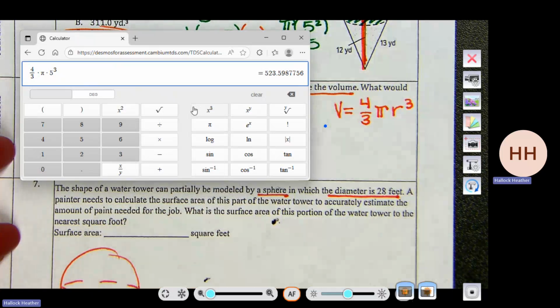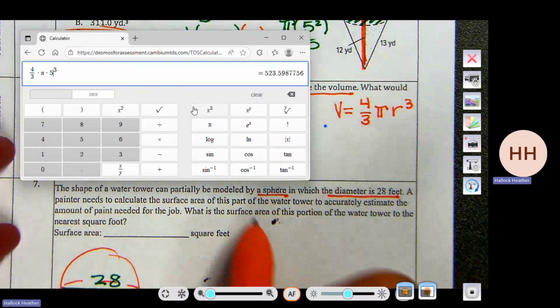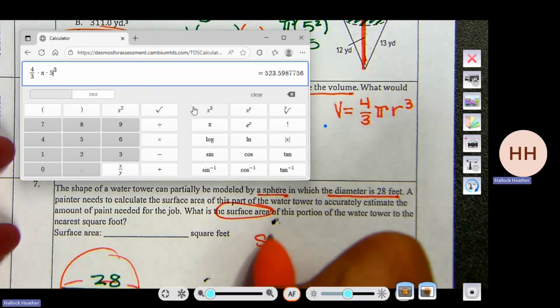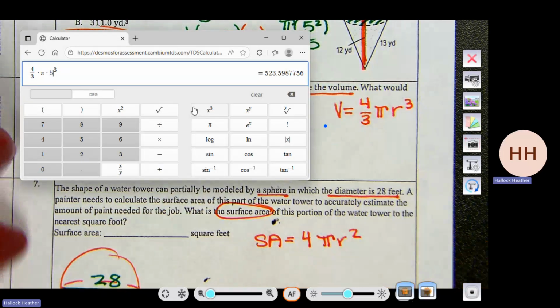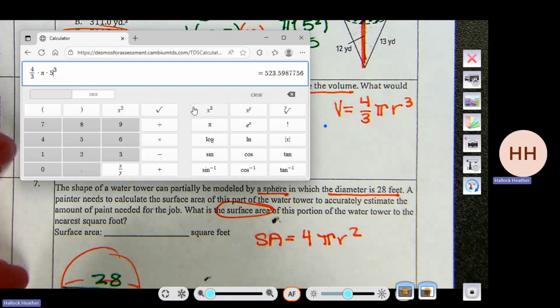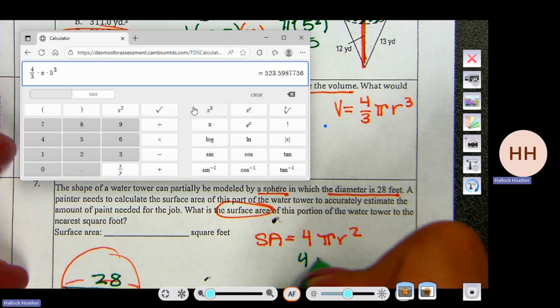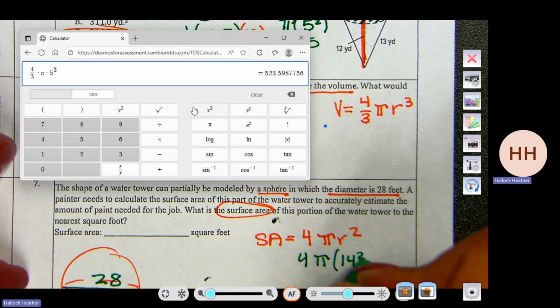The diameter across is 28, and we need surface area. The surface area formula for a sphere is 4 pi r squared. If my diameter is 28, the radius is half of it, so we're going to do 4 pi 14 squared.